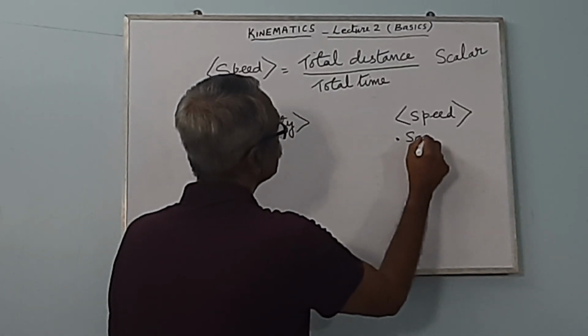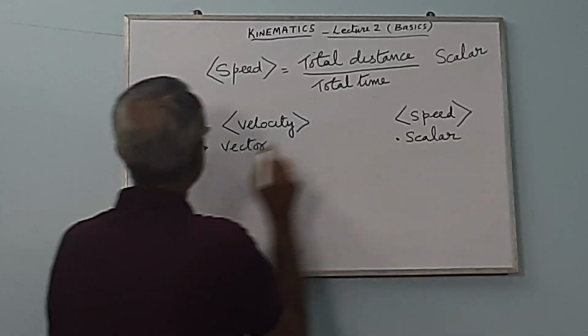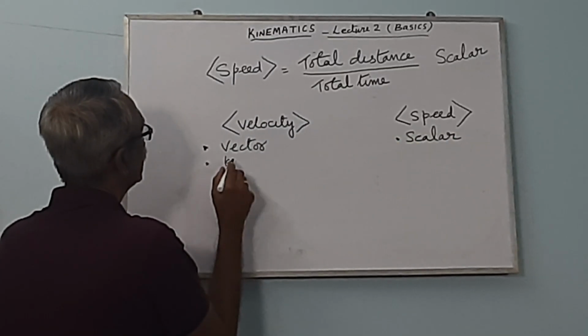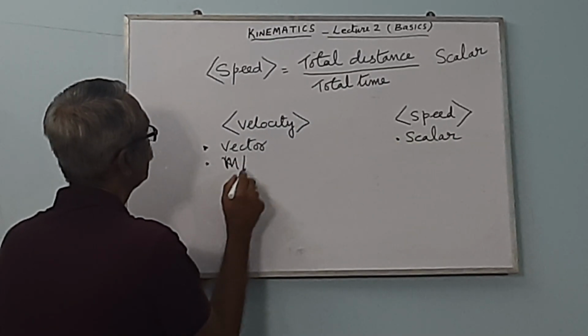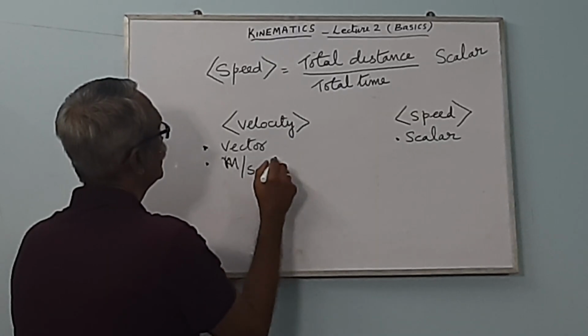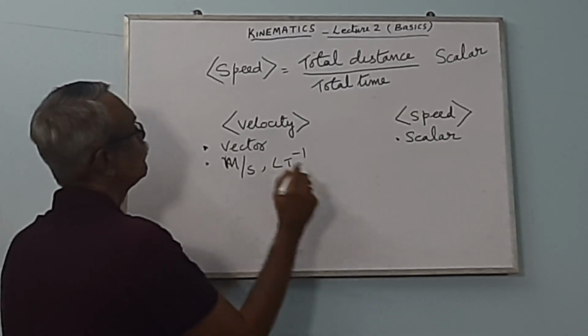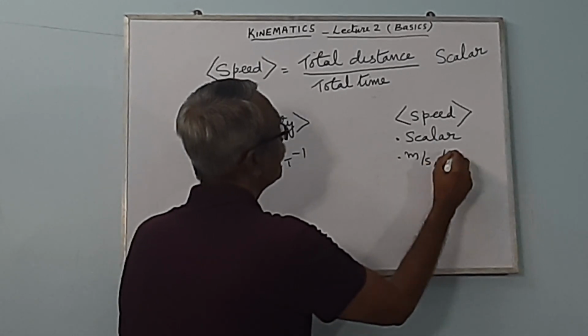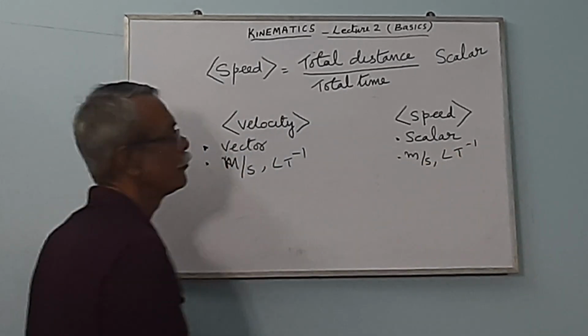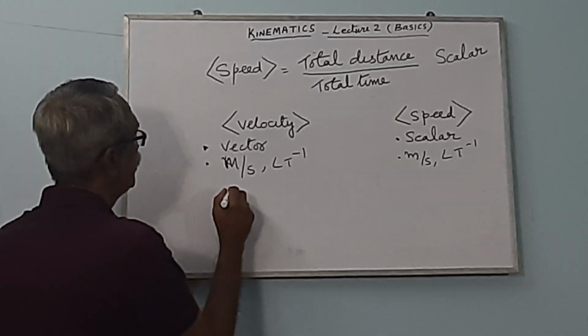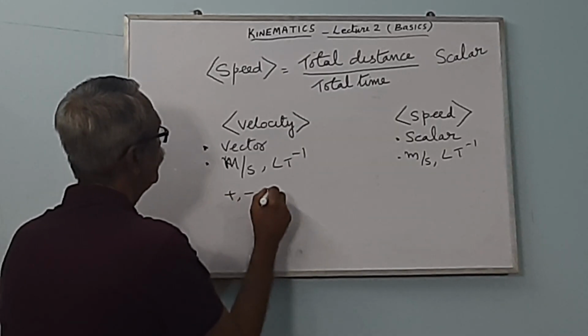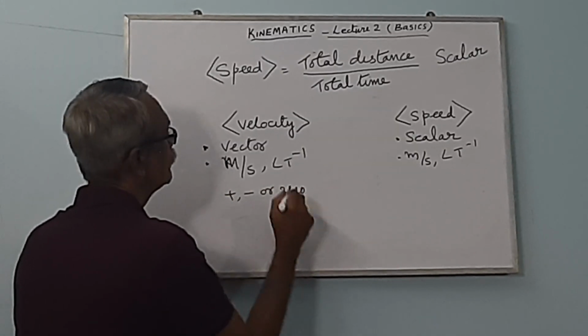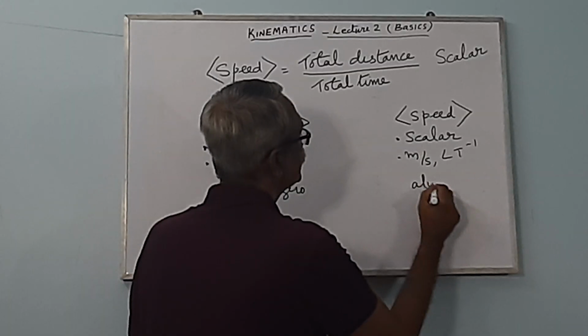This is meter per second, LT minus 1. This also is meter per second, LT minus 1. This can be positive, negative or 0. This is always positive.